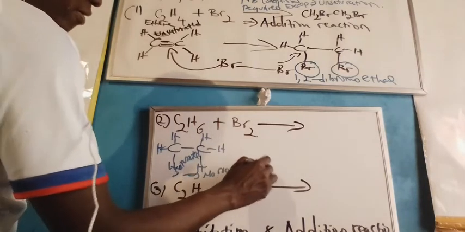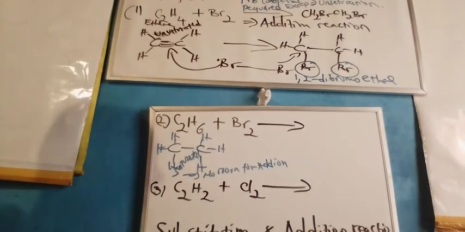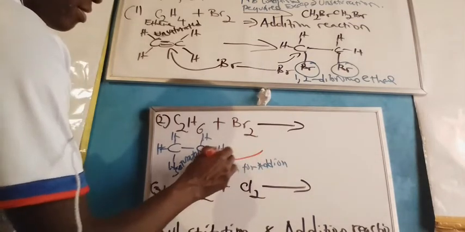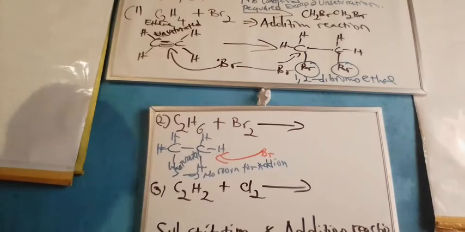Now, when there is no room for addition, we can only proceed in assuming that the attacking species or molecule will have to displace the present atoms in the molecule.